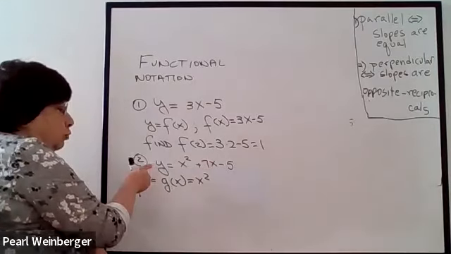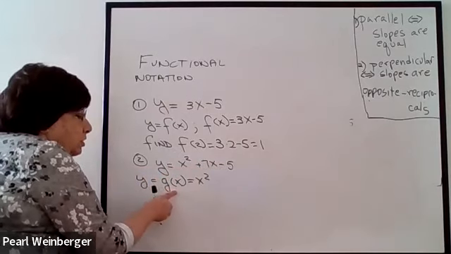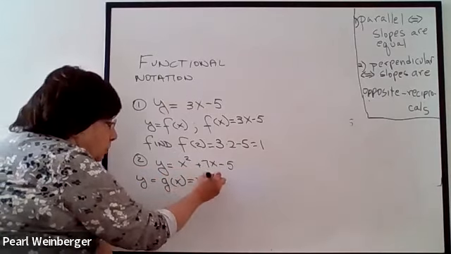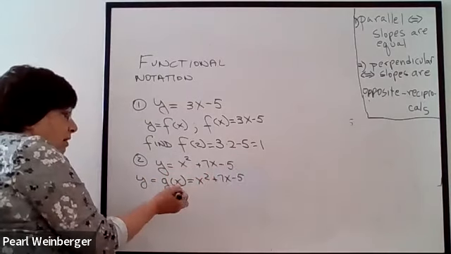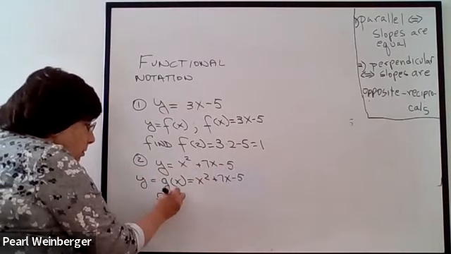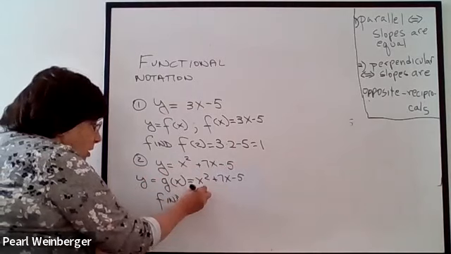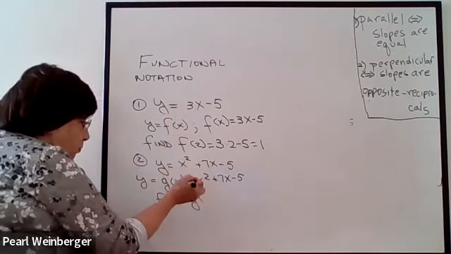So instead of calling this y equals x squared plus 7x minus 5, we could call it g of x equals x squared plus 7x minus 5. And then if I wanted to, I could say find g, and I'm going to give you a different number.